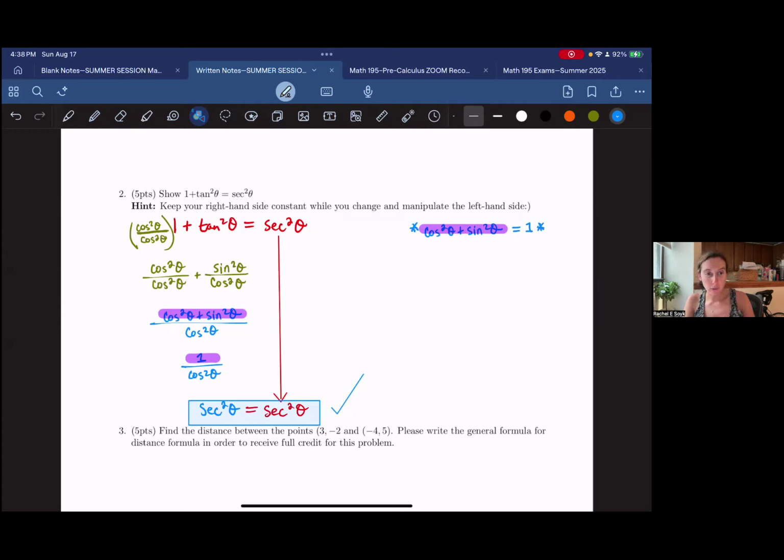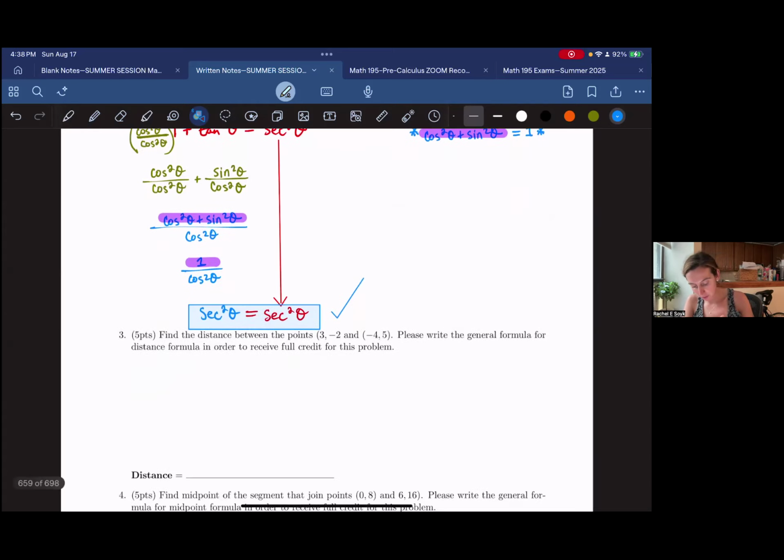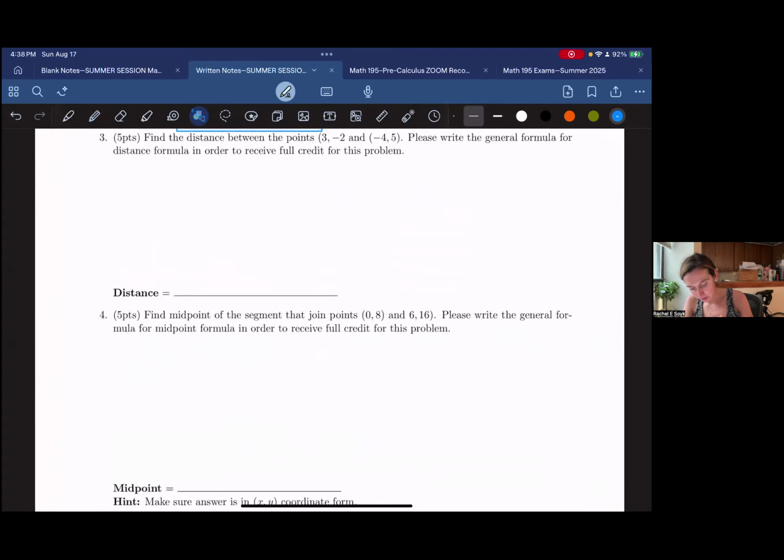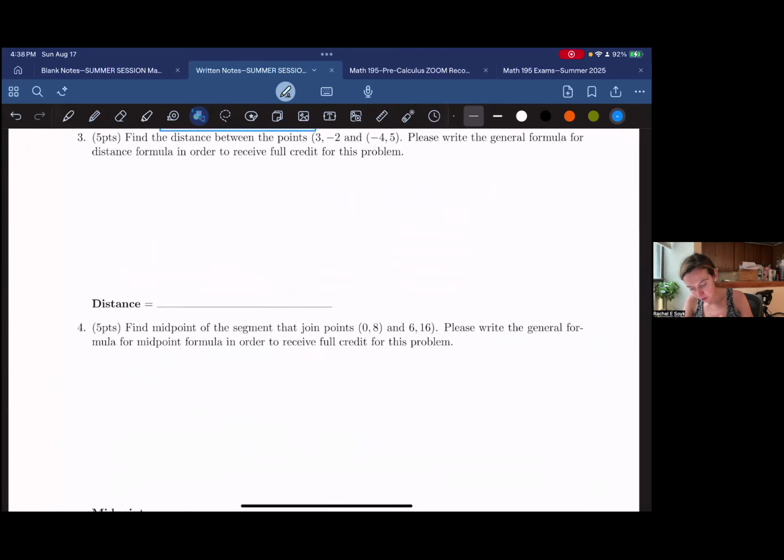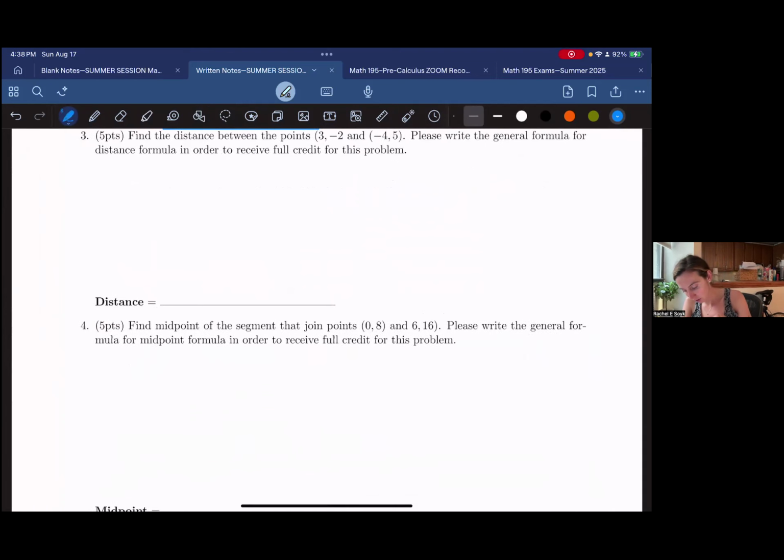Question 3 and 4 are a little on the easier end. We're stepping away from trigonometry now, and we're back to just using straightforward numbers. Question 3 is just utilizing our distance formula to find the distance between 2 points.